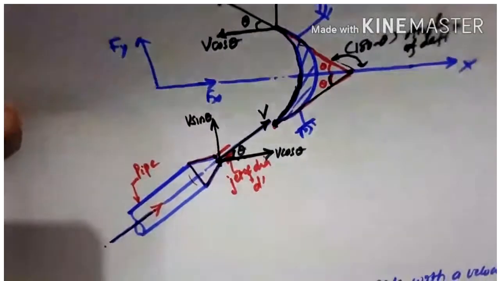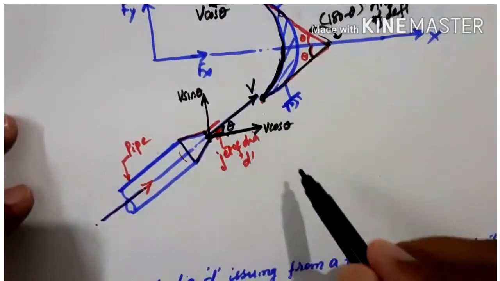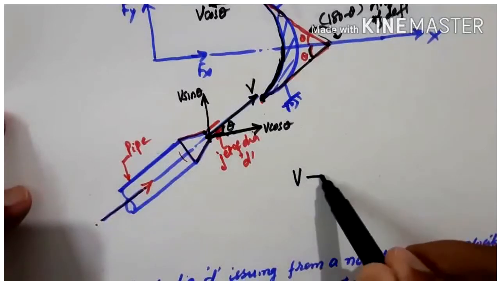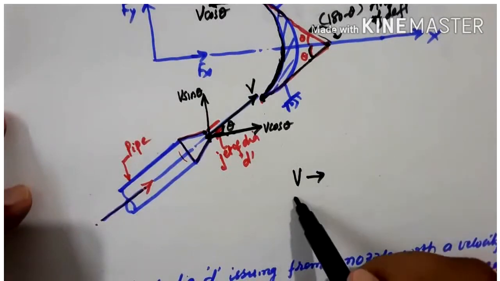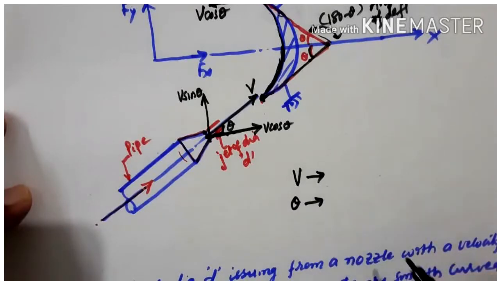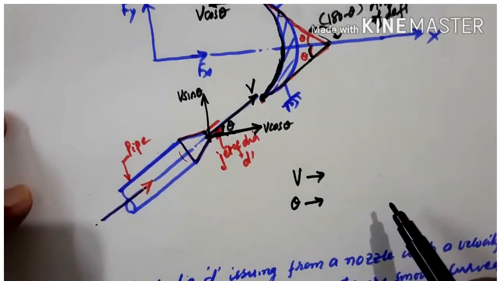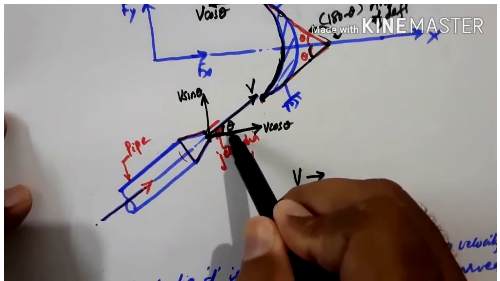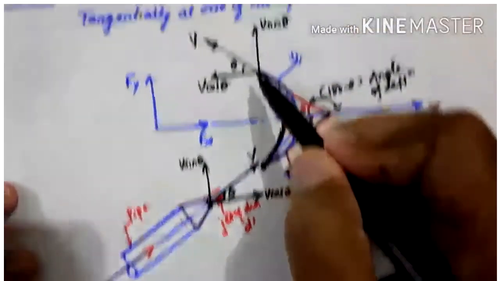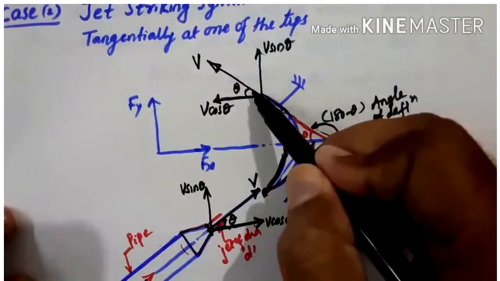Let v represent the velocity of the jet and theta represent the angle made by the jet with the x-axis, at inlet as well as at outlet.